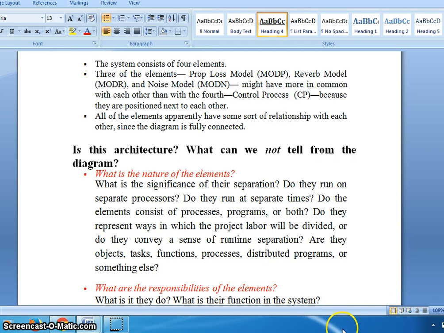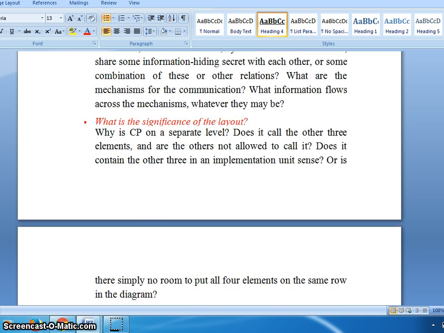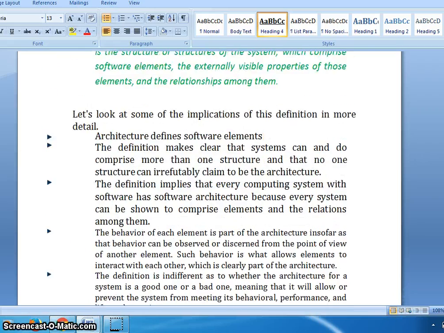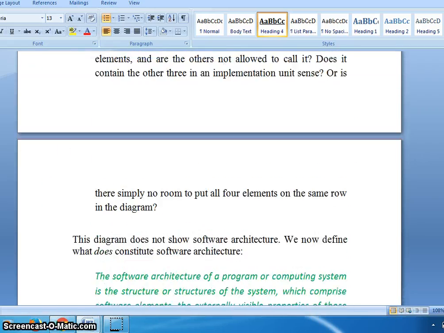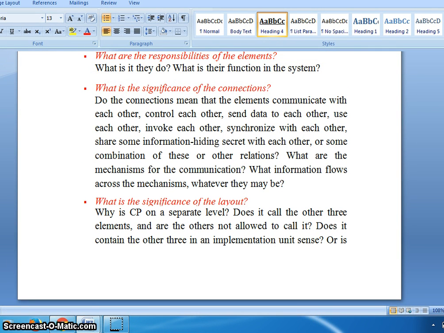Also, we cannot explain the responsibility of the elements. This is the second point: what they do and what their functions are in the system. Next, we cannot define the significance of the elements, or the characteristics of the elements. Here you can see all the elements are interconnected with each other.